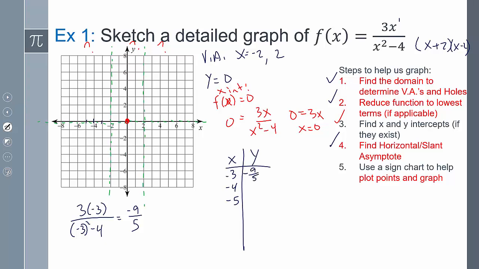If I plugged in negative 4, that's going to be negative 12 over, 16 minus 4 is 12, so that's negative 1. If I plugged in negative 5, you get negative 5 times 3 over negative 5 squared minus 4.